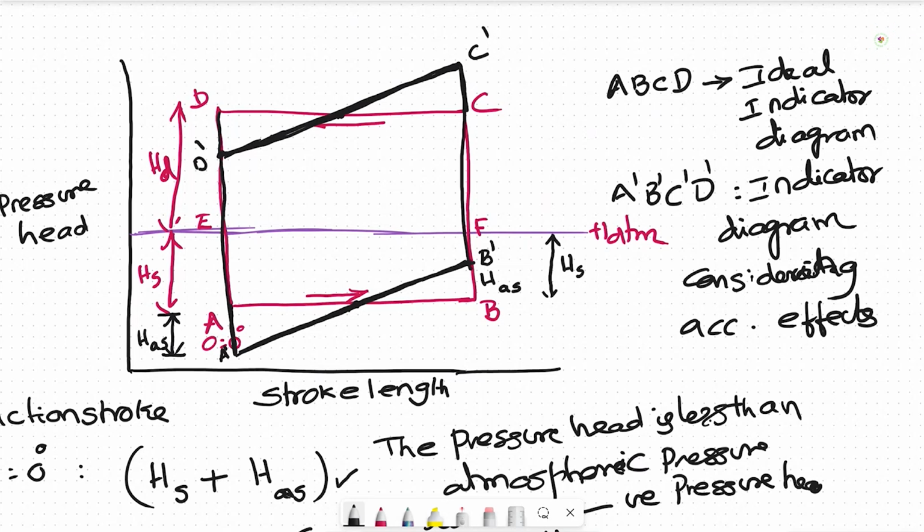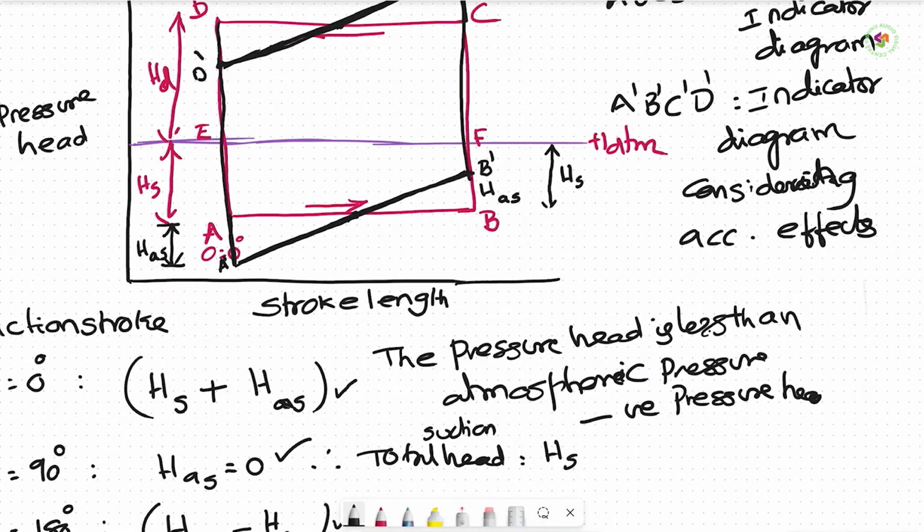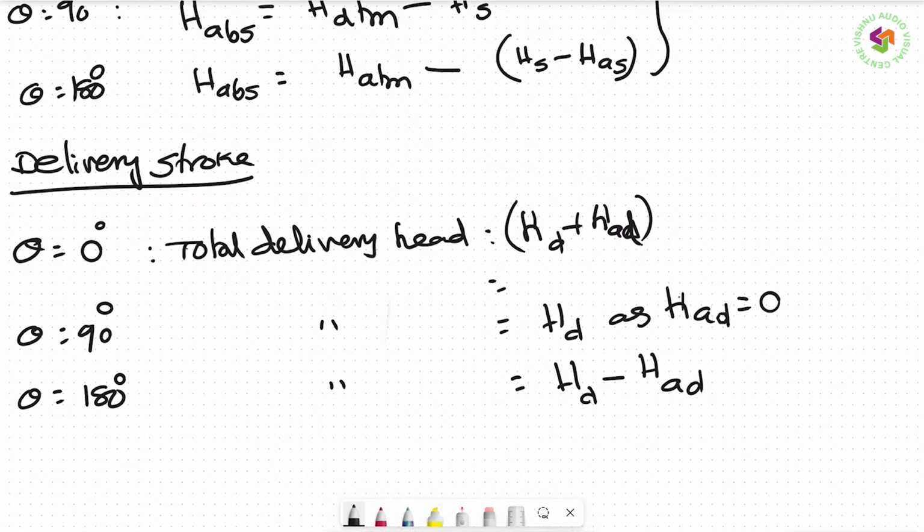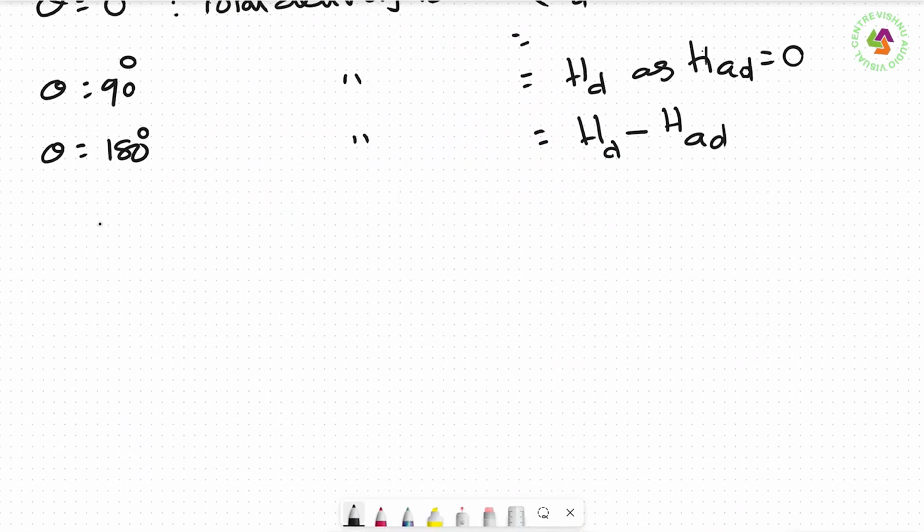Now, if I see this diagram, the only thing I could observe is the pressure changes. But is there any change that you find in the area? There is nothing in the area. So automatically there is no change in the work done.